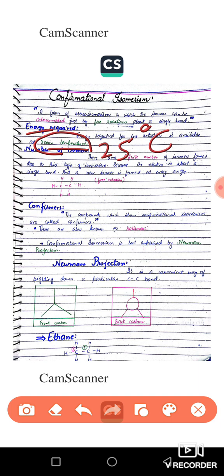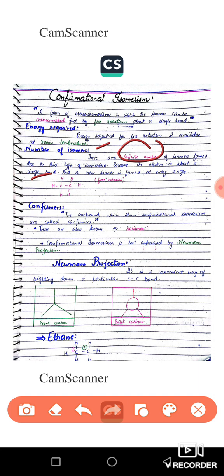You just need 25 degrees centigrade, and there is no specific condition for the energy. The second thing is the number of isomers. Due to this rotation, an infinite number of isomers can be formed, since the rotation is about the single bond and there is no restriction.